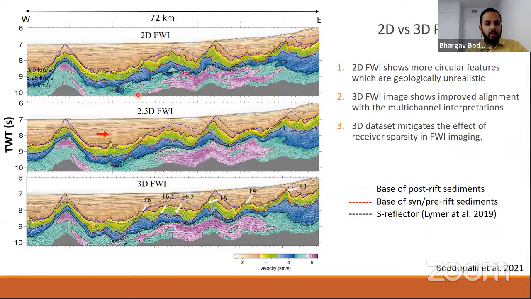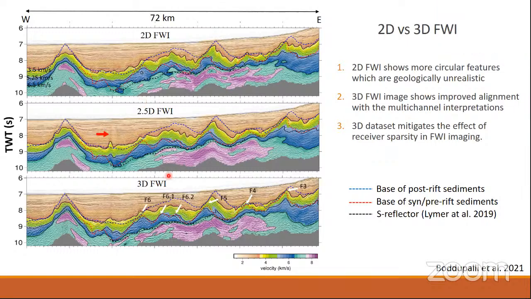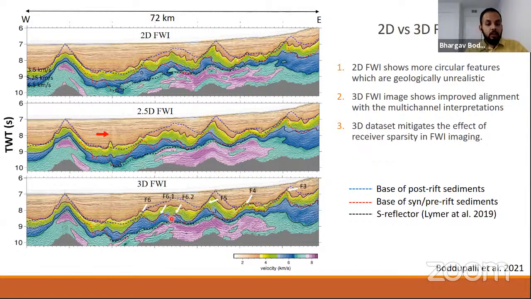FWI is rarely performed using those data sets because the problem of data sparsity can lead to convergence to a wrong result. So in this case, we used a sparse data set. We performed 3D FWI, and also 2D, and we tried to highlight the difference between 2D and 3D FWI using a sparse data set.